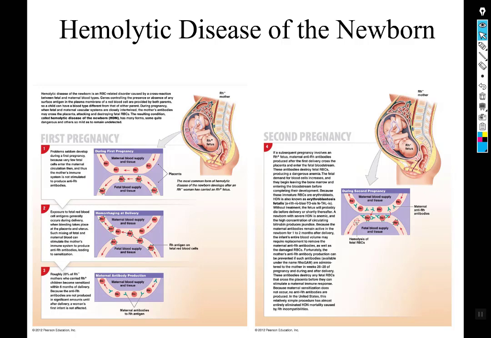This is a drug that's administered to a mother who is Rh negative during pregnancy and also after delivery. Basically, the antibodies in RhoGAM destroy the fetal red blood cells if they're present in the mom before they can stimulate a maternal immune response. They get to the fetal red blood cells first so that sensitization cannot occur.